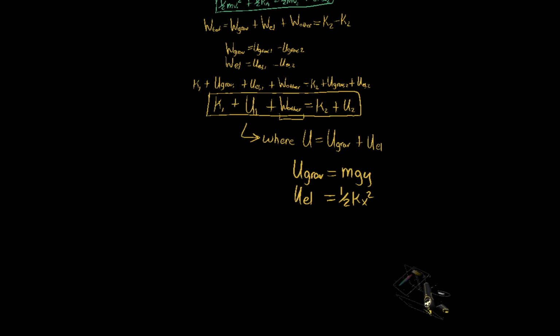All right, so the next video is going to be dedicated to 3 examples that are going to be using this, putting it all together. You can see how you might not have everything, so if there's no gravitational potential going on, then you don't have any U grav, and you only have to consider the elastic. Or there might be other ones, like we've seen before, where there is no U elastic, and you only have to consider U grav.